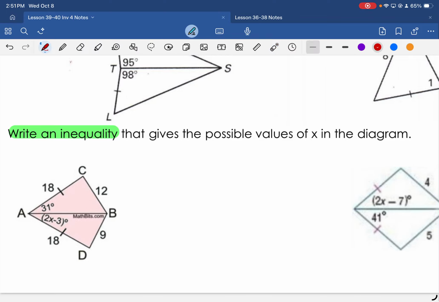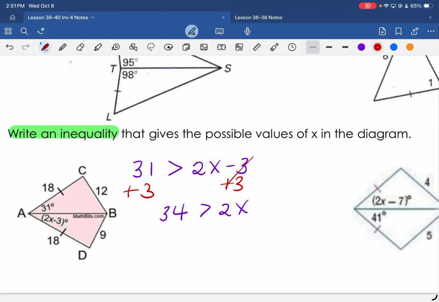So this is what we're going to write. Ready? We're going to write 31 greater than 2x minus 3. And then we're just going to solve. We're going to add 3 to both sides. And we're going to get 34 greater than 2x.